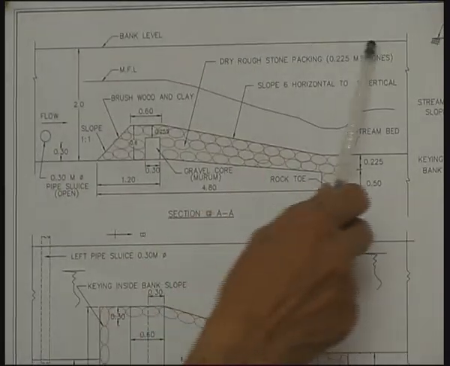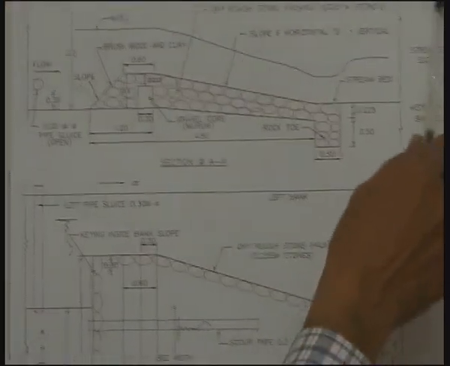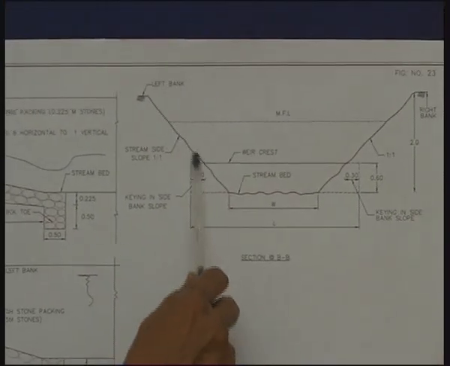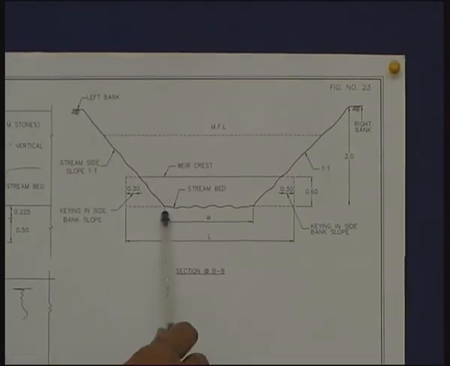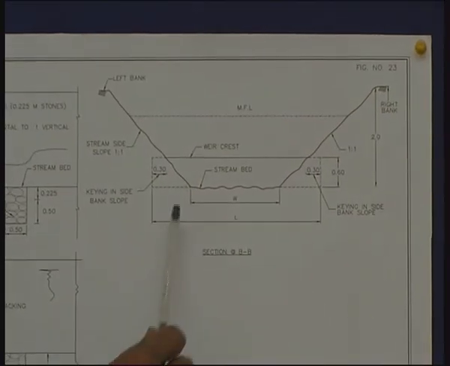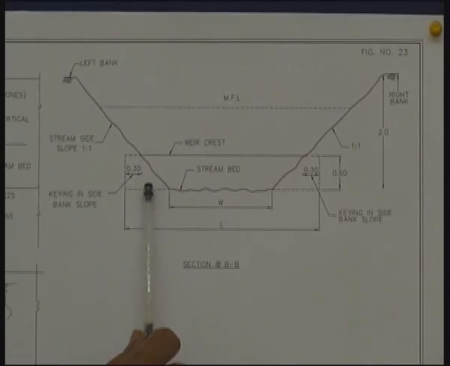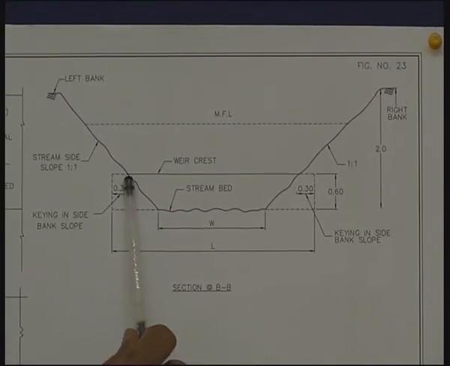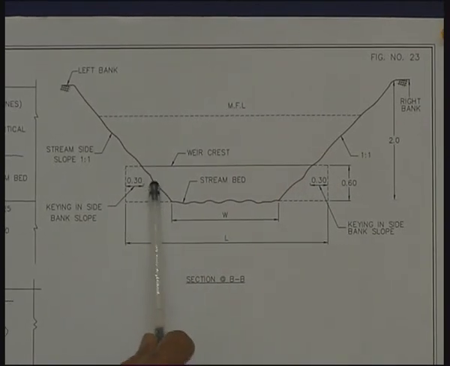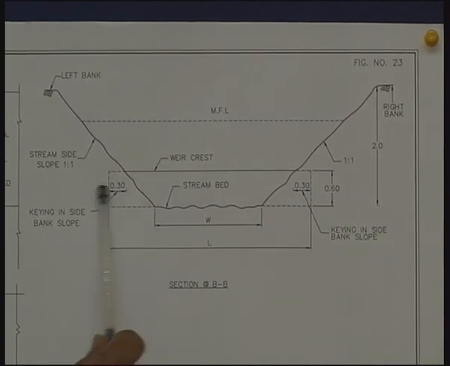And this is the bank level. As seen in the cross section, this is the left bank, this is the right bank. The stream may be having a slope like this and a bed width and then a slope like this. Here we are going to introduce a rubble stone check with top level here, and this structure is keyed into the side slope as shown here for a distance of 0.3 meter.